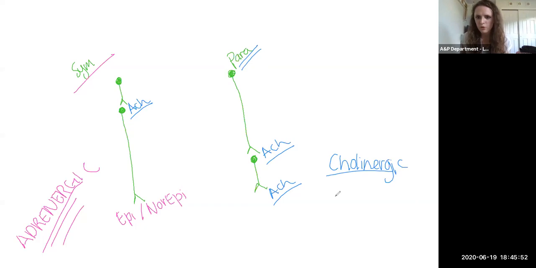Another name for cholinergic is muscarinic. You'll see that too, but you're going to see cholinergic a lot more than you see muscarinic. Okay, hopefully that made sense. The only place epinephrine and norepinephrine is secreted is at the end of your postganglionic neuron of your sympathetic division.